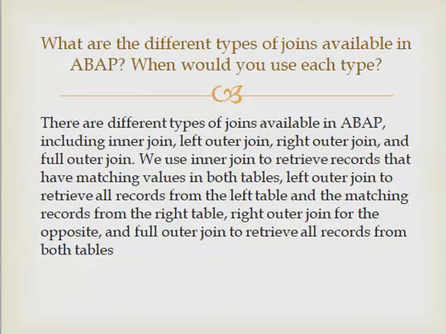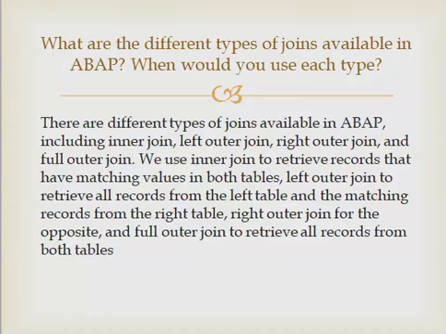What are the different types of joins available in ABAP? When would you use each type? Answer. There are different types of joins available in ABAP, including inner join, left outer join, right outer join, and full outer join. We use inner join to retrieve records that have matching values in both tables.